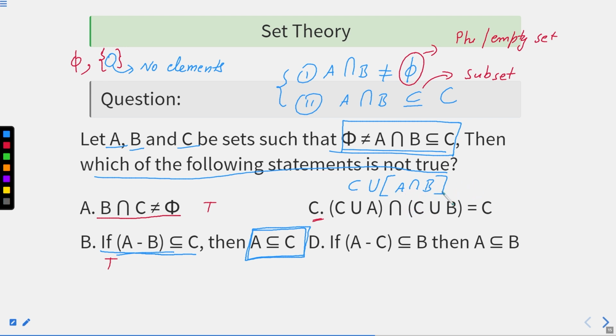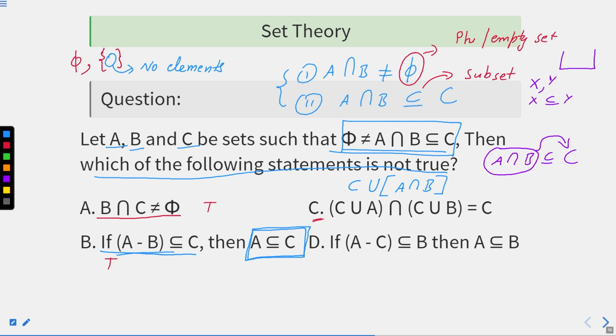I already know that A intersection B is a subset of C. That means the elements in A intersection B are already in C. And we know another property: if we have two sets x and y, and x is a subset of y.